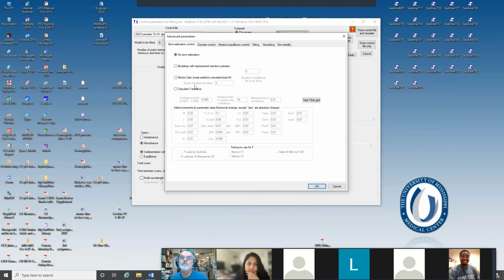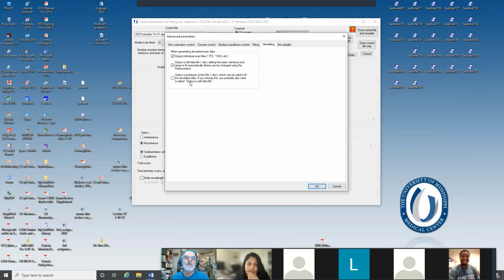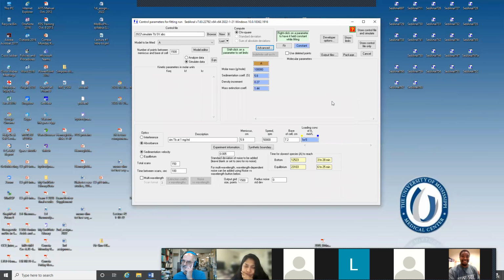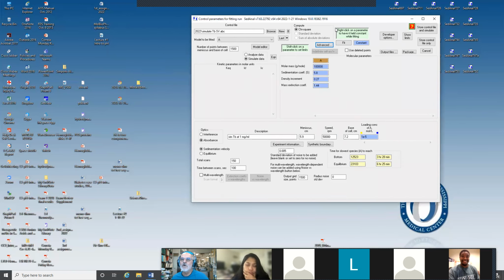I want to go here. Simulating. I want to output. Oh, it did. It output a data set. Okay, so that's what I needed. It output a data set ABR file. It didn't output the data set. I was going to have to go create something in a different folder. So it's created a single data set at one concentration.